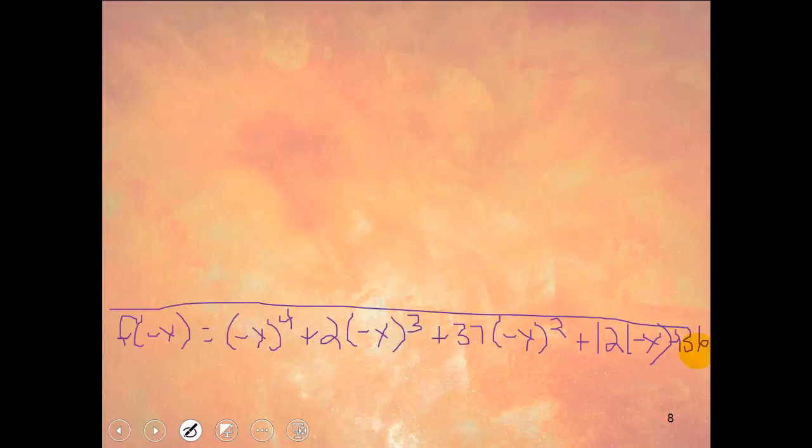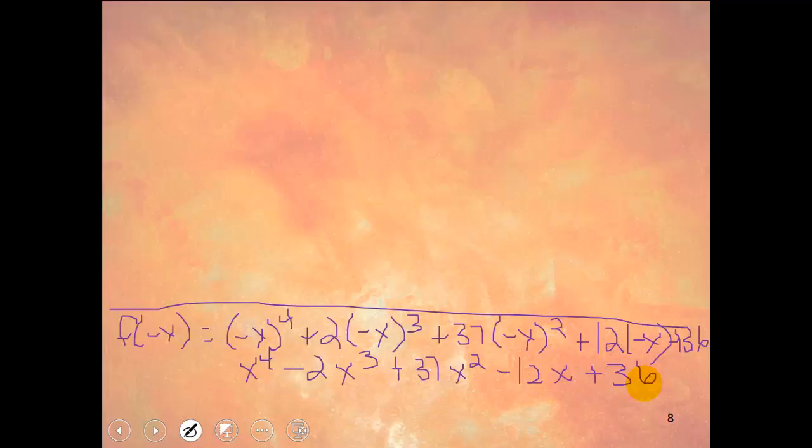Okay, so whenever you take a negative base to an even exponent, these go positive. So this is x to the 4th. Whenever you take a negative base to an odd exponent, it flips the sign. So this becomes negative 2x cubed plus 37x squared minus 12x plus 36.